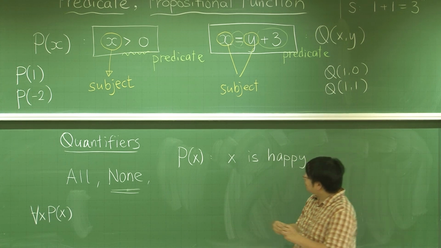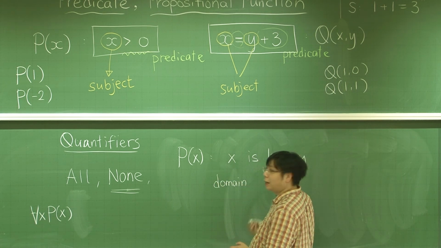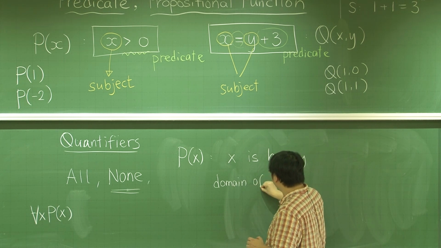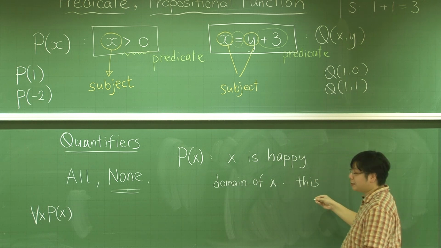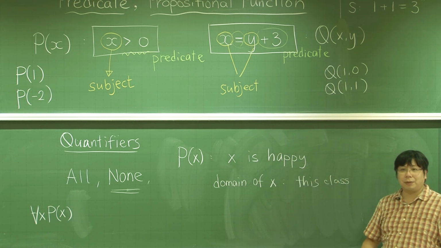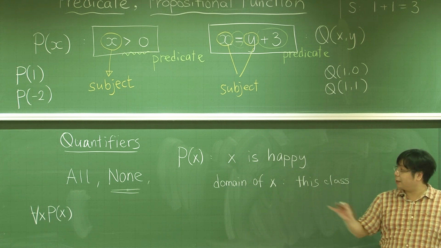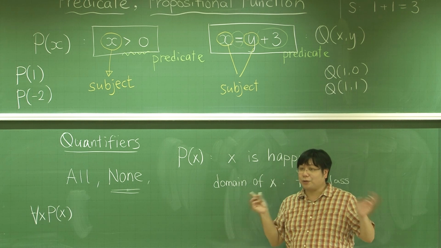And then suppose that the domain of x is, so what are the x's that we are interested? Domain of x is this class. So we are talking about the people in this class. So we can talk about I am happy, you are happy, she's happy, and so on and so forth.